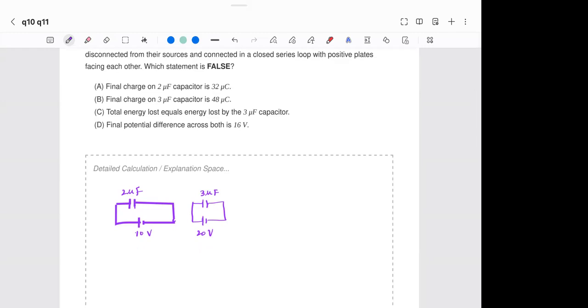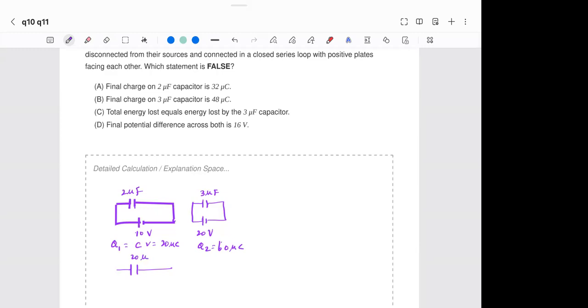Once they are charged, charge still remains bound on the plates of the capacitor. So the charge stored on the first capacitor is 20 microcoulombs. Charge stored on the second capacitor is 20 into 3, 60 microcoulombs.